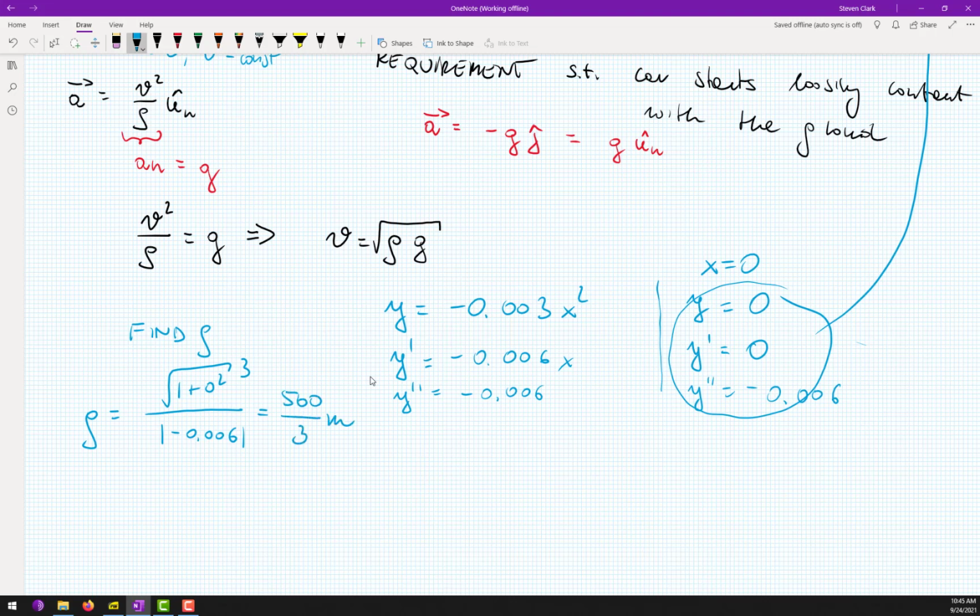Now we know rho and we know g, so we know v, because we can plug these values in. The v is approximately 1.145566 kilometers per hour. This is the end of the problem.